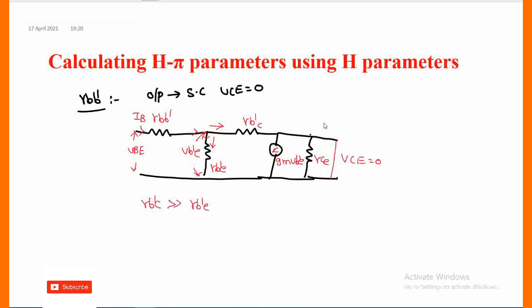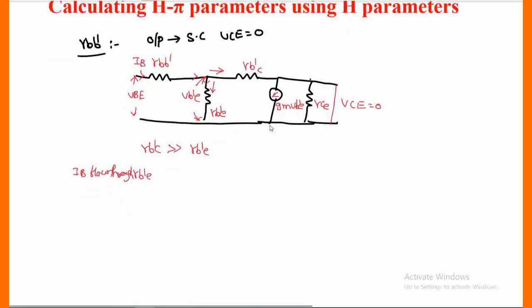So most of the current is going to flow through RB'E only. So now we come to know that IB flows through RB'E and RBB', so both are in series in nature.